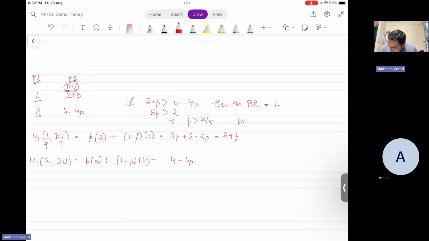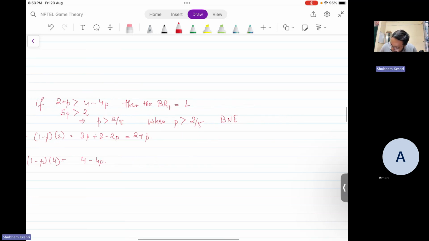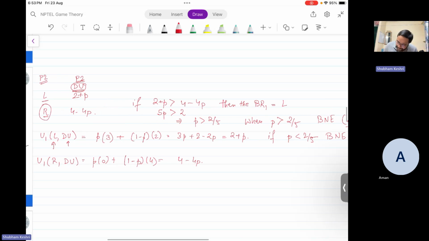When P is greater than 2 by 5, the Bayesian Nash equilibrium is L comma DU. Therefore, this is the Bayesian Nash equilibrium and L is the best response of player 1. If P is less than 2 by 5, the best response will be R, because this utility will be more than this.